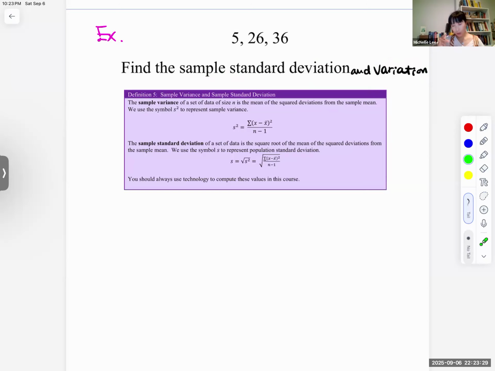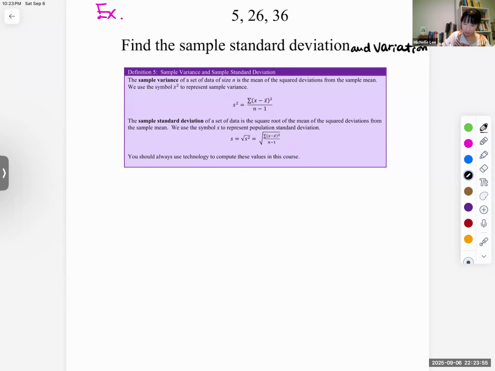We can do either way, then just follow the formula, right? What do you want to find first? Standard deviation first, okay. So let's follow this one.